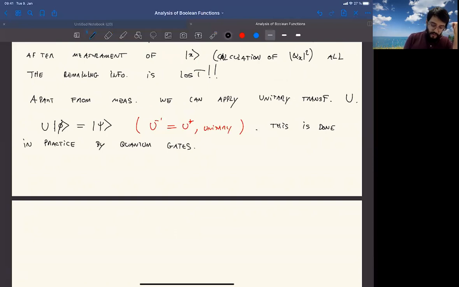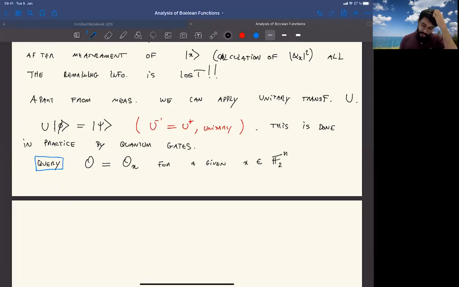Okay, and so we apply this bunch of unitary transformations, and what they also call a query. You can also query this, ask a question. Okay, and so what is a query? A query is going to be another unitary transformation, because that is all you can do, but of a special kind, for a given x.